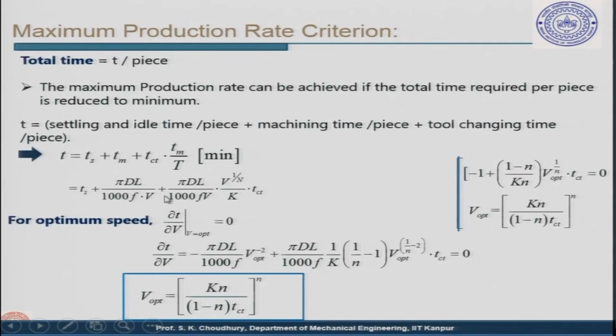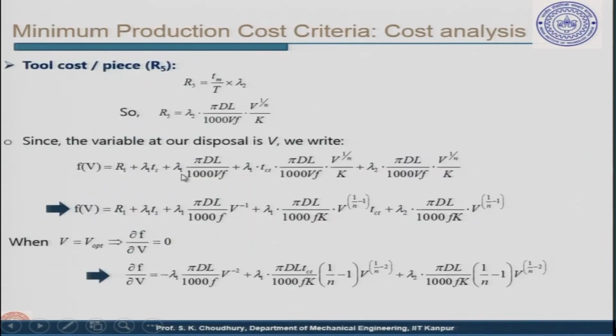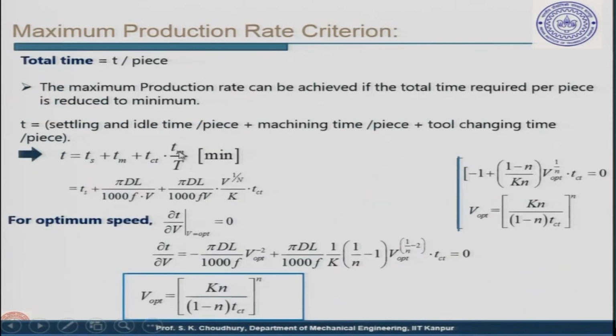Tm we have already calculated here, right. So, this Tm we can put here divided by capital T. So, this is the equation for the total time per piece.